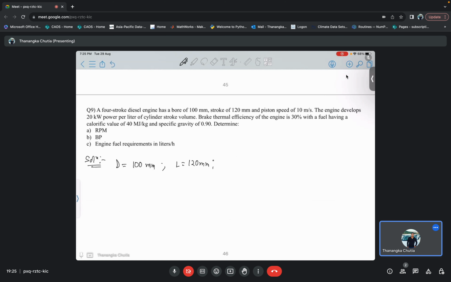Piston speed is given as 10 meters per second, that is the average piston speed.